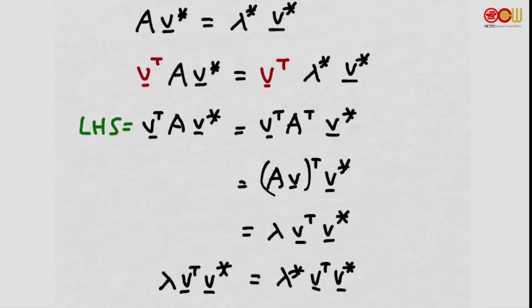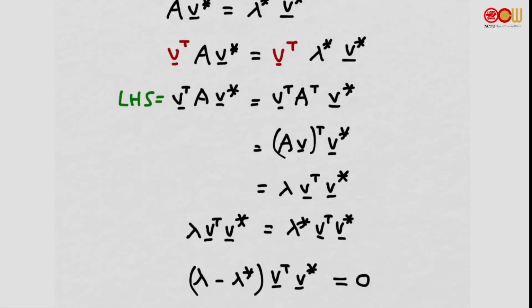Now let's equate the left-hand side with the right-hand side. This is the right-hand side here. Then we get lambda V transpose V conjugate, and lambda conjugate V transpose V conjugate. Both sides have the dot product of V and V conjugate.